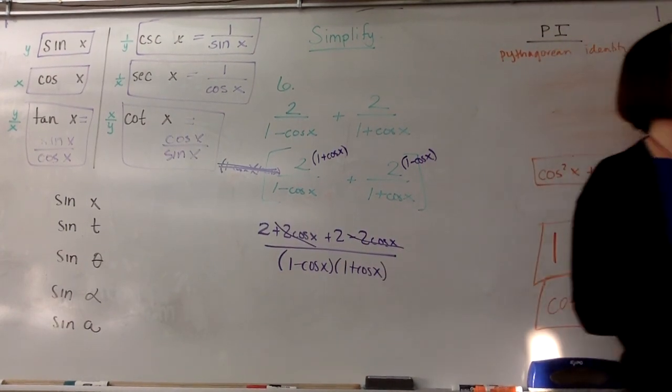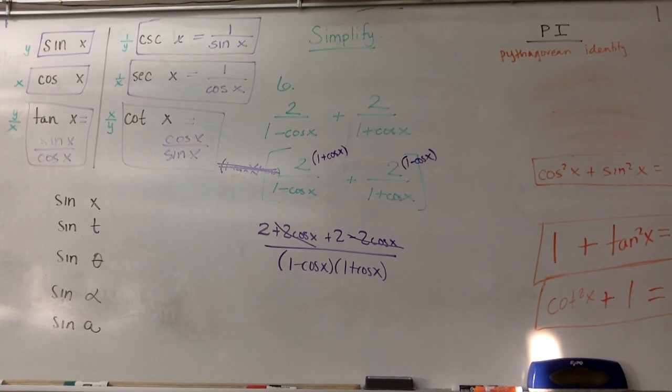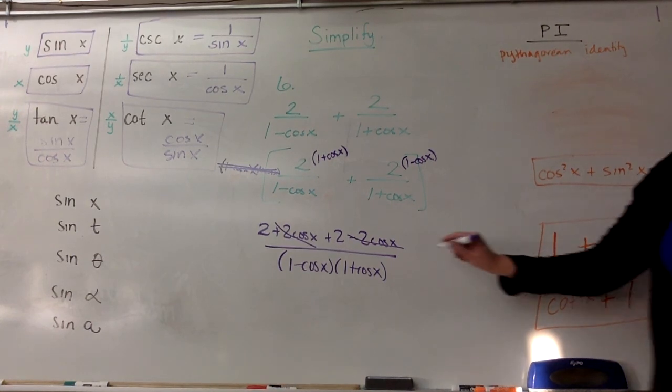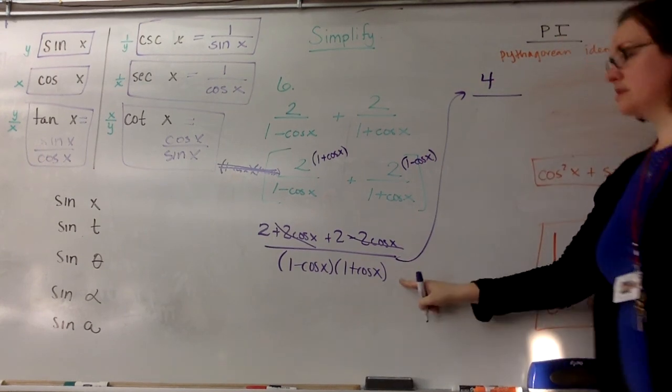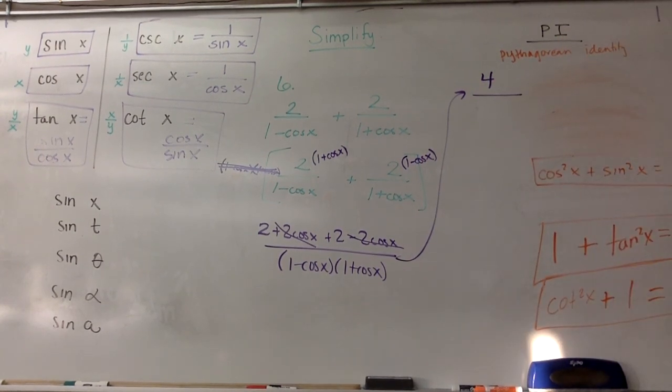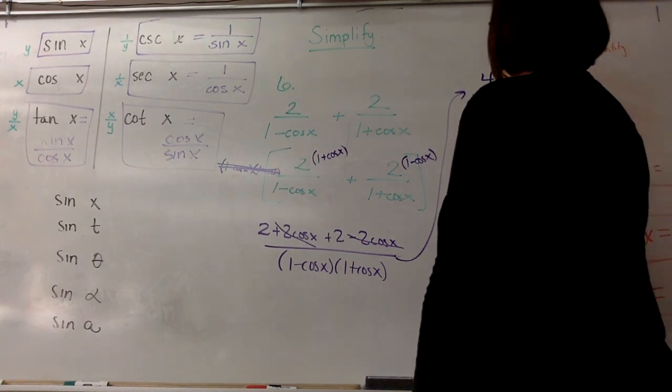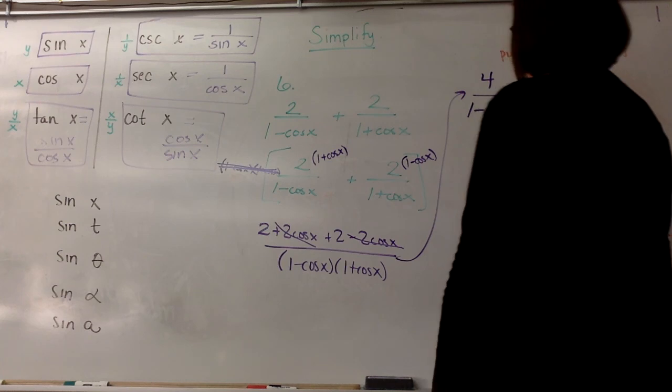They're opposites, they cancel. So what am I left with up top? 4. So I've got 4 over, what is the product of 1 minus cosine times 1 plus cosine? That's difference of squares. We did an example earlier. What do you get when you multiply those together? 1 minus cosine squared x.